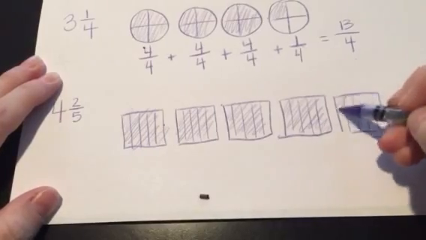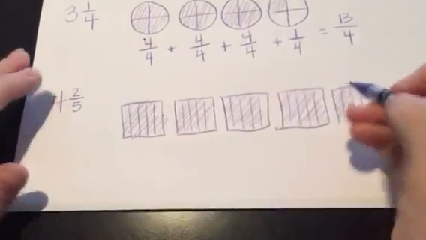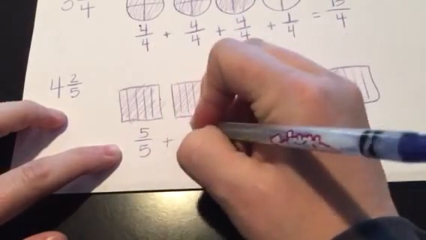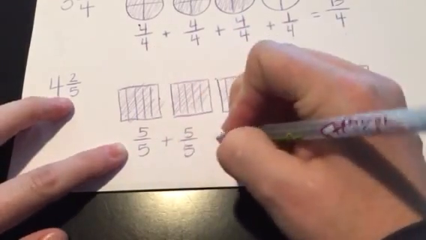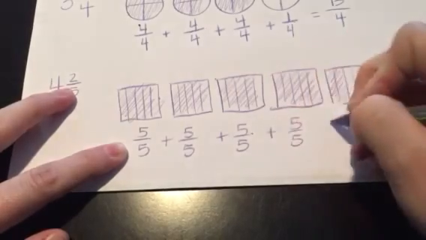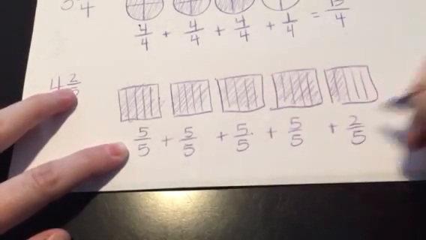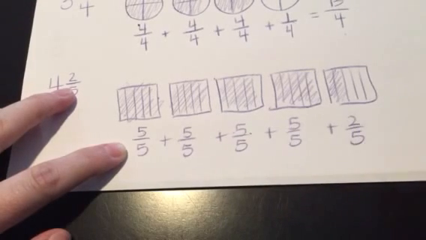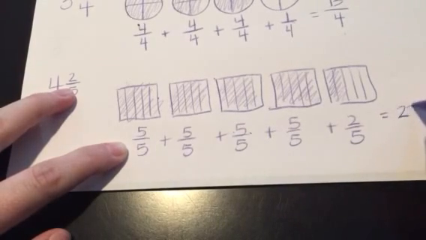So we have 4 and then we need 2/5. So here I have 5/5 plus 5/5 plus 5/5 plus 5/5 plus 2/5. So we have 5, 10, 15, 20, and 2. So our answer is 22/5.